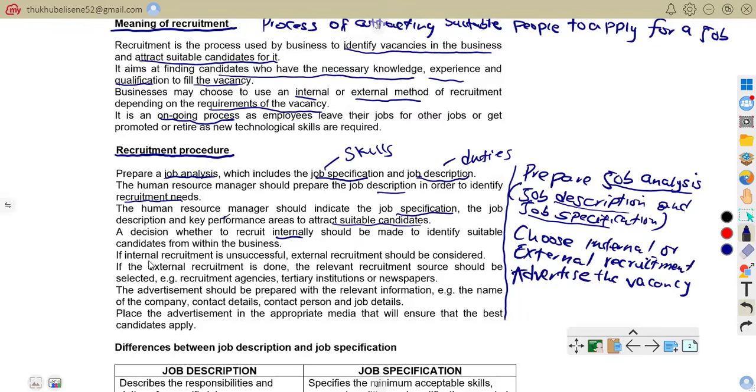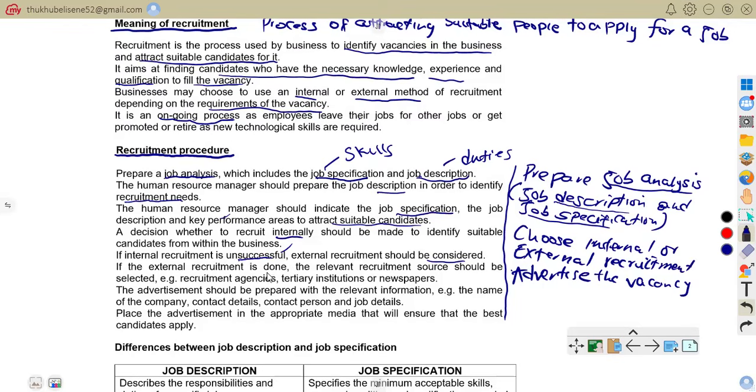If internal recruitment is unsuccessful, then external recruitment should be considered. If you want to recruit internally but you find it's unsuccessful, you don't have those people who can fill that post, then you go externally.